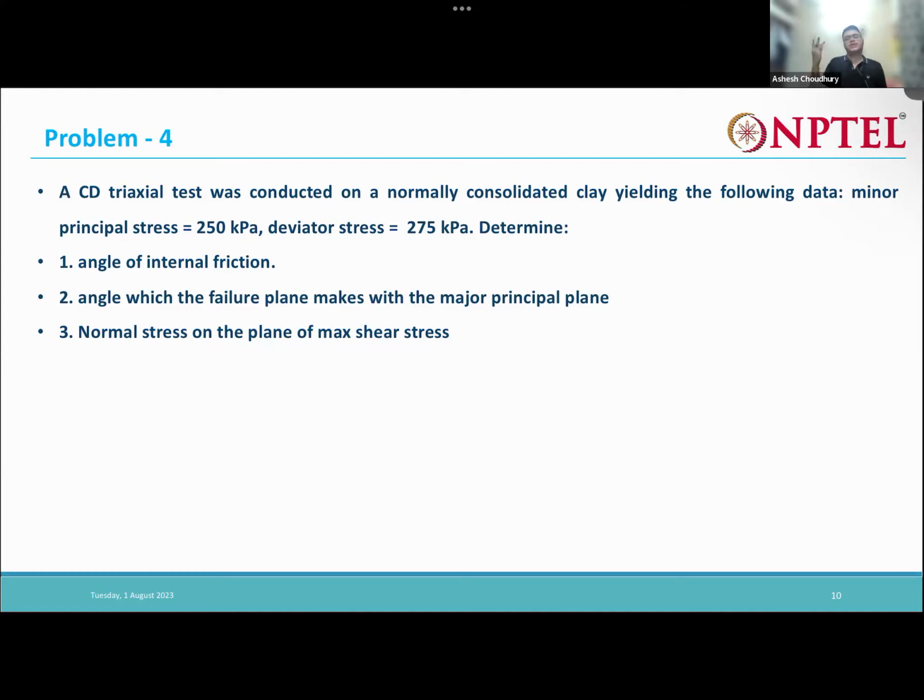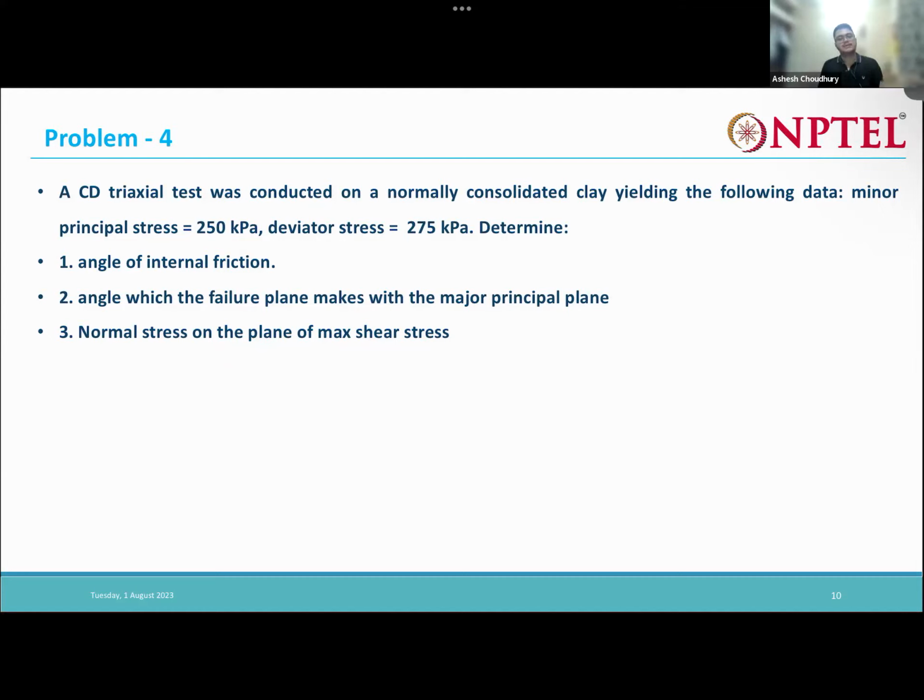Right. So if we remember, the plane of maximum shear stress and the failure plane are different, correct?